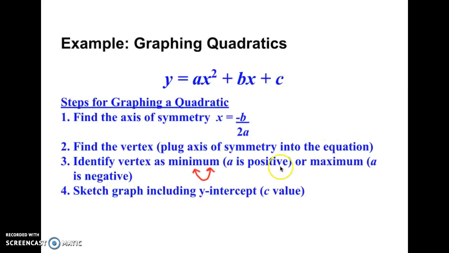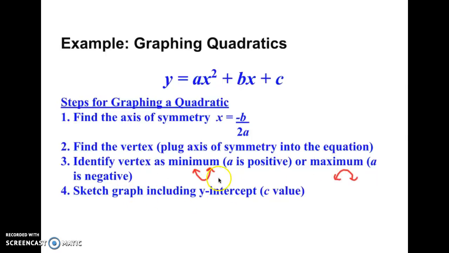If the a is negative, then your graph is going to open down, being like a frowny face, and that's going to give you a maximum. The easiest way to remember that is if your bank account is positive, you're going to be smiling. If your bank account is negative, you're going to be frowning, which then once you have the picture, you can determine whether you have a minimum or a maximum.